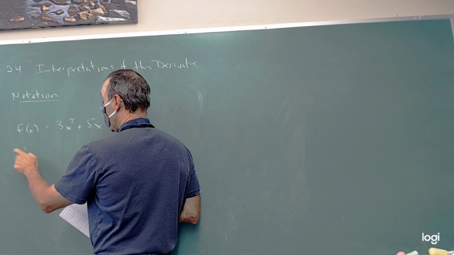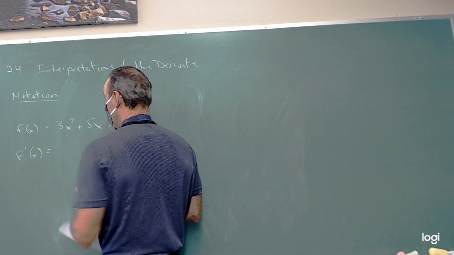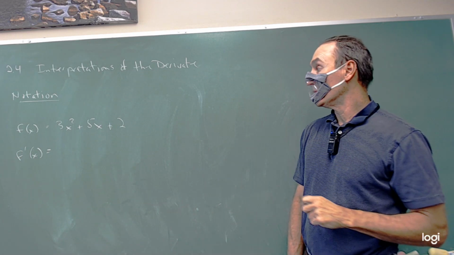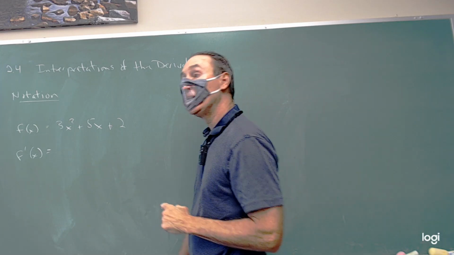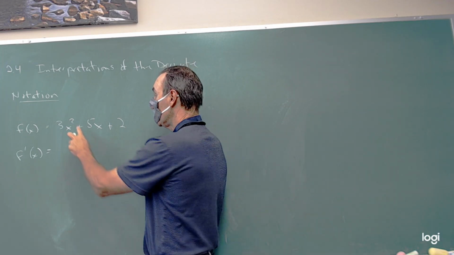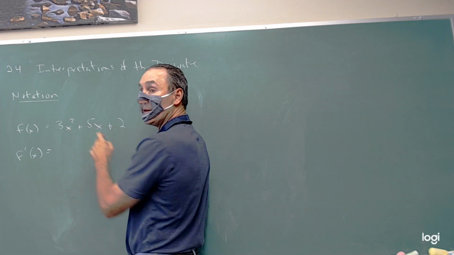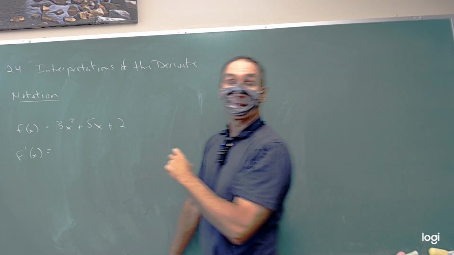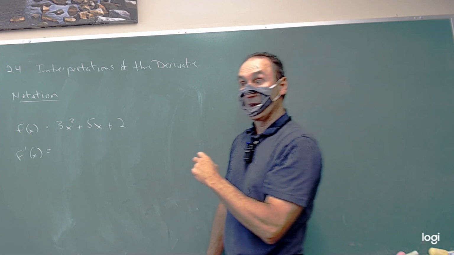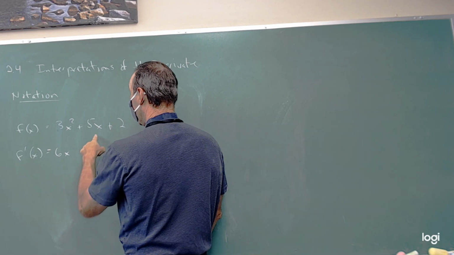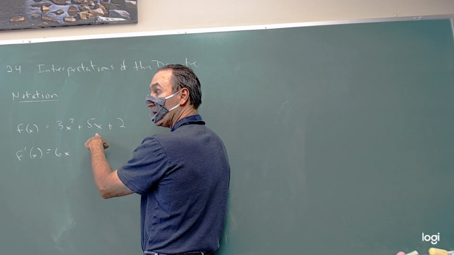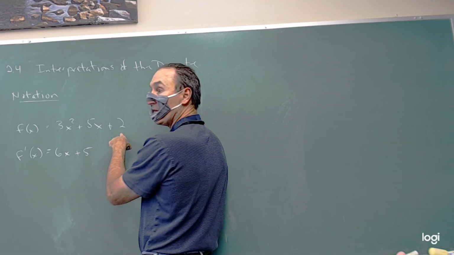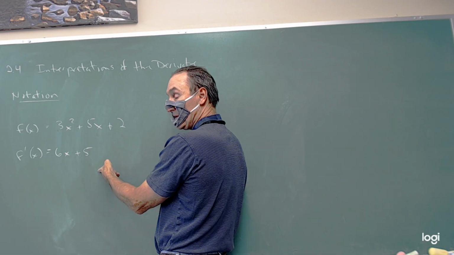So f prime indicates the derivative. And using our power rule, the derivative of 3x squared is going to be 6x. Are we okay with that? Good. And then the derivative of 5x is going to be 5. And the derivative of 2 is going to be 0.